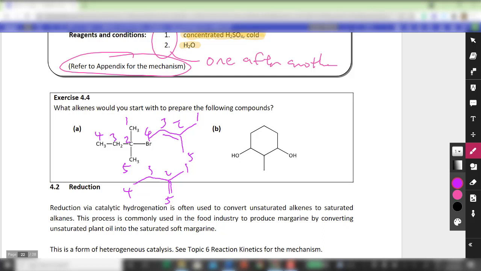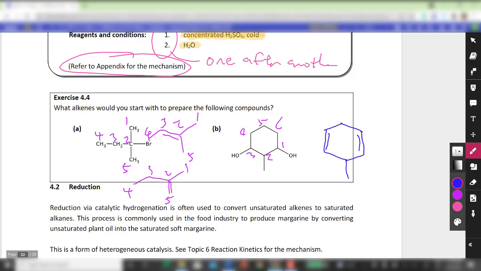For part B, it should be relatively straightforward as well. So again, I am going to do the same thing: 1, 2, 3, 4, 5, 6. I'm going to draw out the compound. So let us try. In order for me to get this particular alcohol, maybe I can start off with something like this.